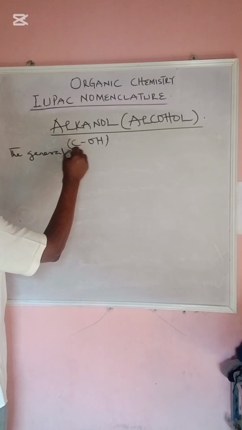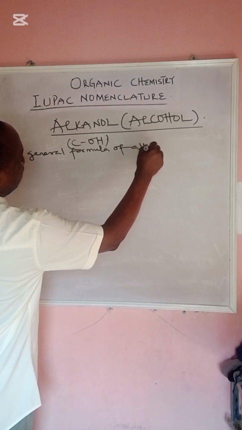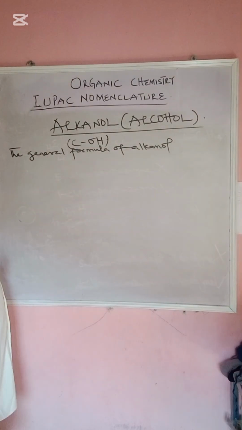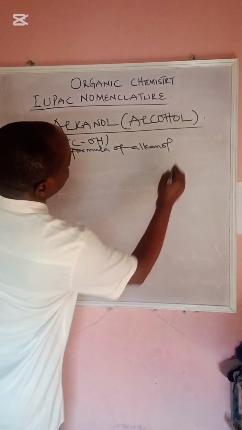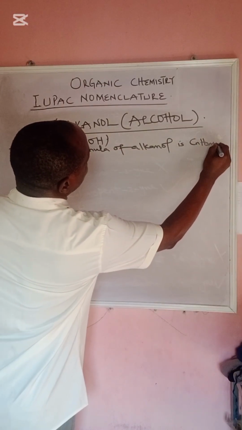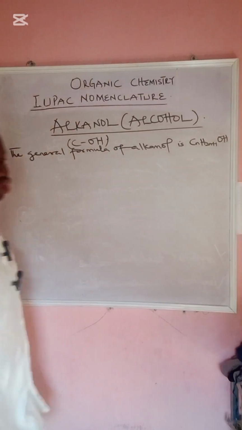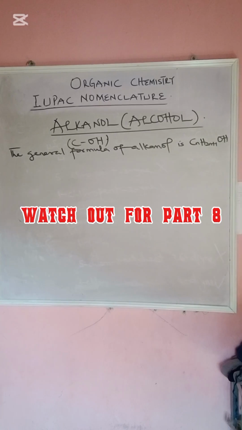The common name is alcohol. The general formula of alkanol is CnH2n+1OH. So in the next video we are going to see all the members of alkanol and the naming of alkanol.